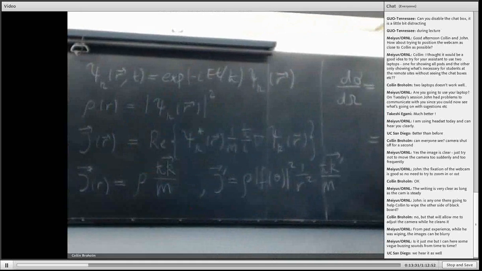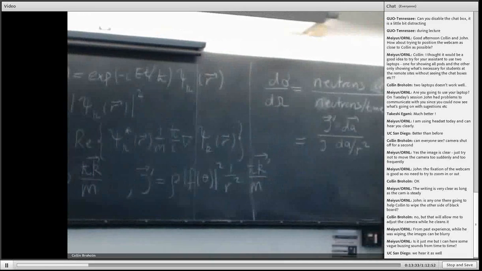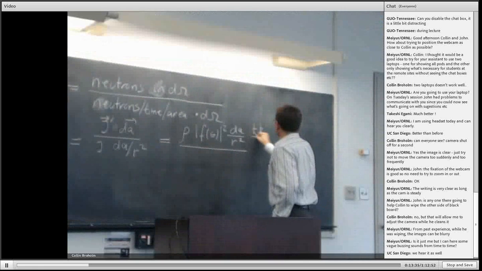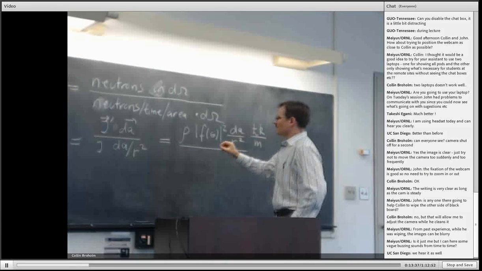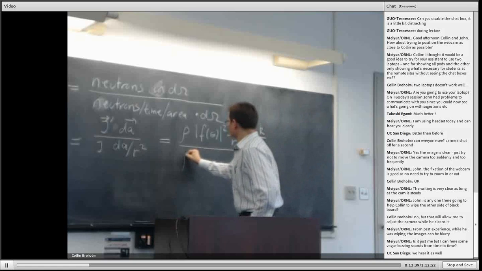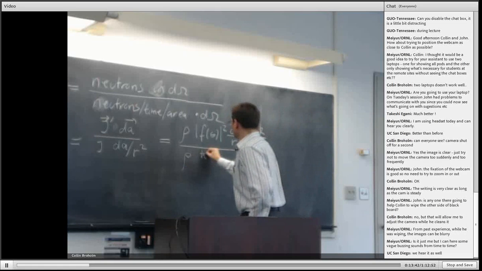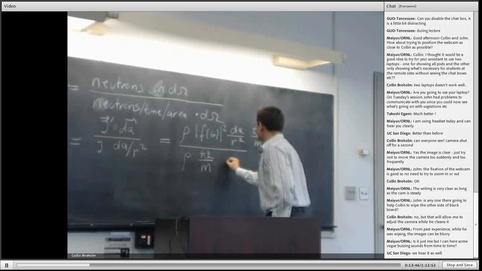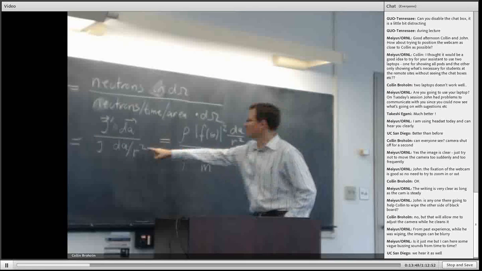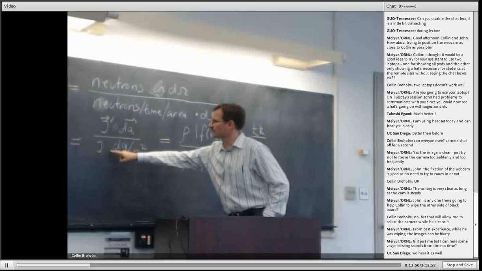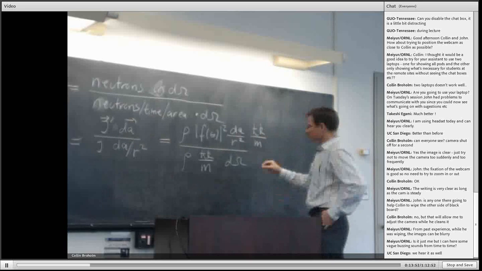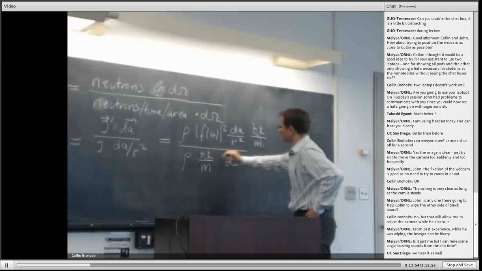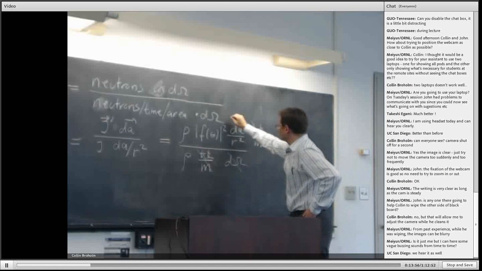Okay, so pop this in. You'll see that on top I'm going to get an h bar k divided by m. And on the bottom I still have my rho, and I have my h bar k divided by m. And I have my d omega, which needs to show up according to the denominator over here. All right, so now what happens is that this cancels, that cancels with that.